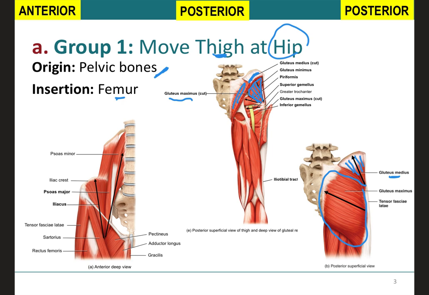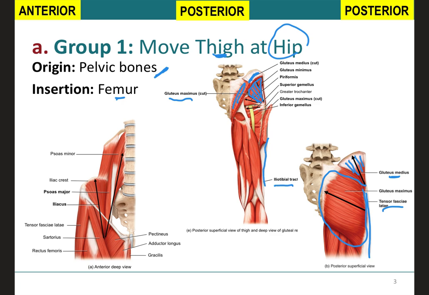In addition to the 3 gluteal muscles that we talked about, there's another muscle that's part of the gluteal group, which is the tensor fasciae latae. The tensor fasciae latae is a small muscle, and it will continue as the iliotibial tract or iliotibial band going down.